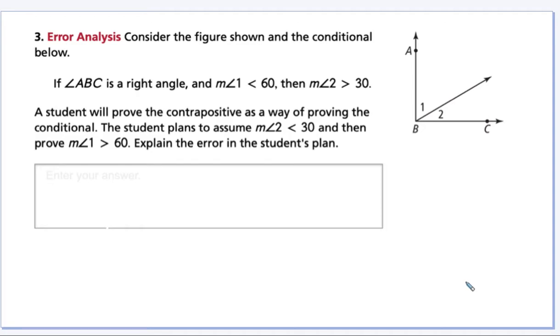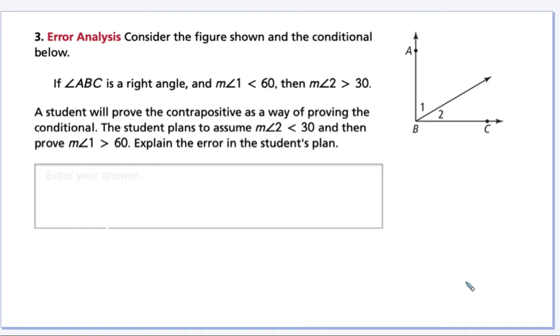Okay, so consider the figure shown and the conditional below. If angle ABC is a right angle and the measure of angle 1 is less than 60, then the measure of angle 2 is greater than 30. A student will prove the contrapositive as a way of proving the conditional. The student plans to assume the measure of angle 2 is less than 30 and then prove the measure of angle 1 is greater than 60.